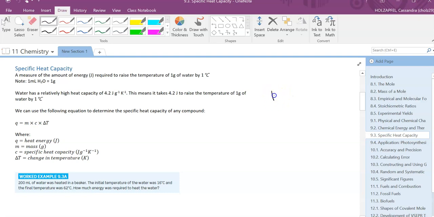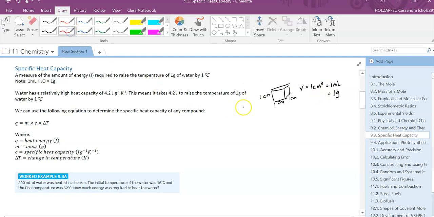But the really cool thing about water, if I was to take 1 cubic centimeter, so each side was 1 centimeter, 1 centimeter, and 1 centimeter, and so the volume of that substance was 1 cubic centimeter, then the volume of this is also going to be 1 milliliter, so nice easy conversion. For water it's actually really nice because of its density. It's got a weight of exactly 1 gram for every 1 mil. That's a really, really cool thing about water.